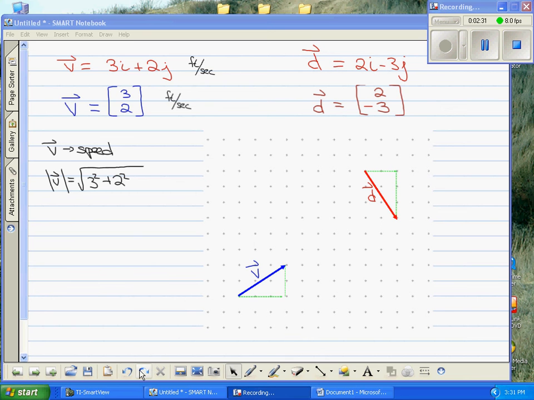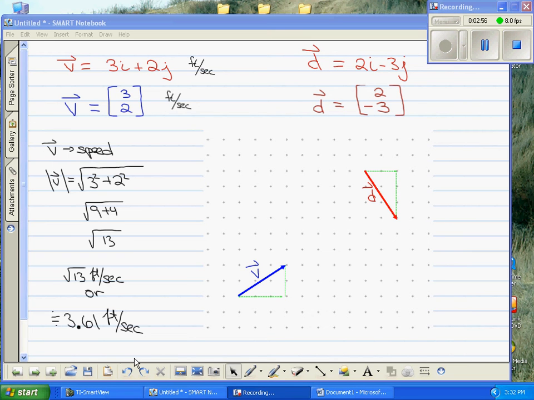So moving on, vector v is equal to the square root of 9 plus 4, which is equal to radical 13. Or I could say that vector v is traveling radical 13 feet per second. Or in 3 significant figures, I'm going 3.61 feet per second.